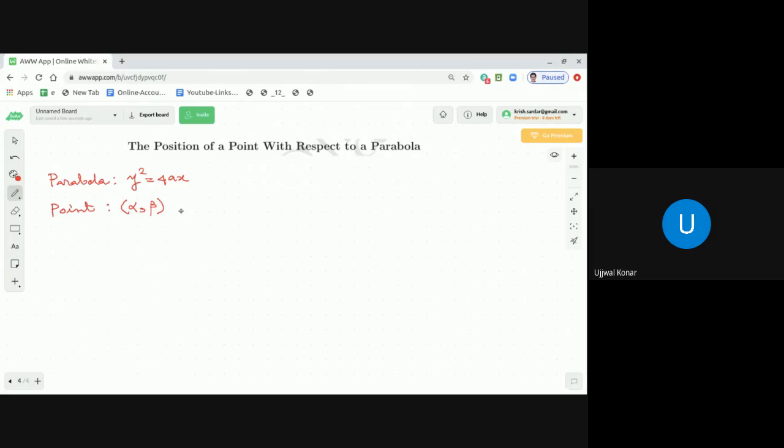That means from y square equal to 4ax, that means what? Y square equal to 4ax means what? Y square minus 4ax is equal to 0. So we can say that y square minus 4ax equal to 0, dear students.